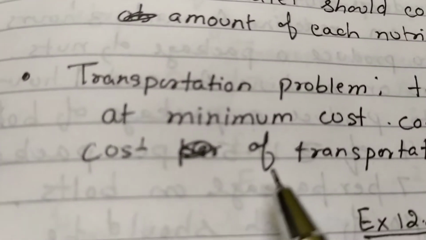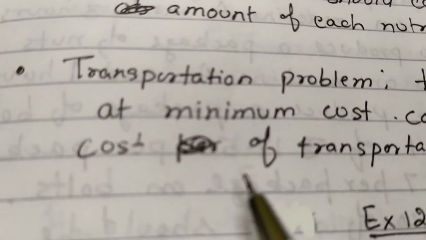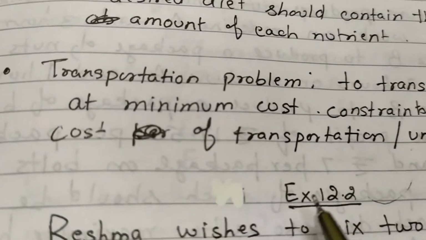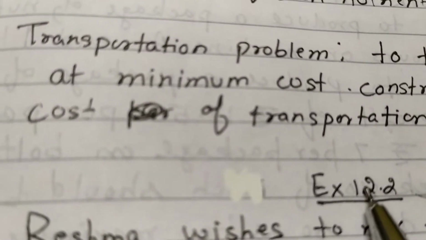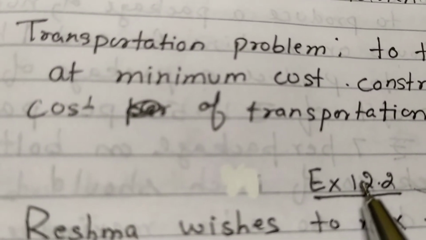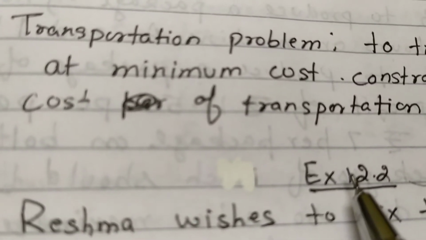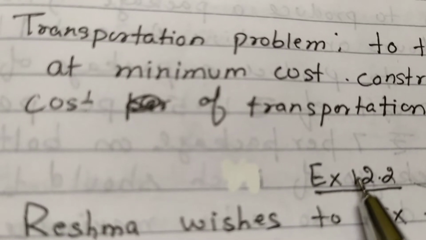Students, from the examination point of view, in the board exam, a 6 marker is asked. Either a 6 marker will be asked from exercise 12.2 or miscellaneous exercise. Over there you have to formulate the problem by reading the word problem as well as solve it. It might be a 6 marker, or they also sometimes divide it as 4 plus 2.